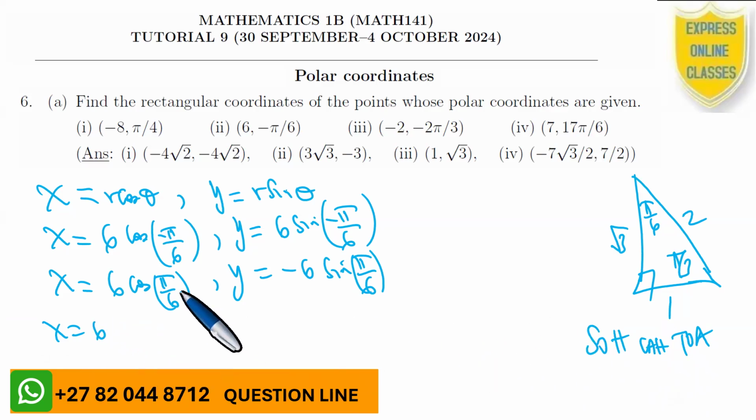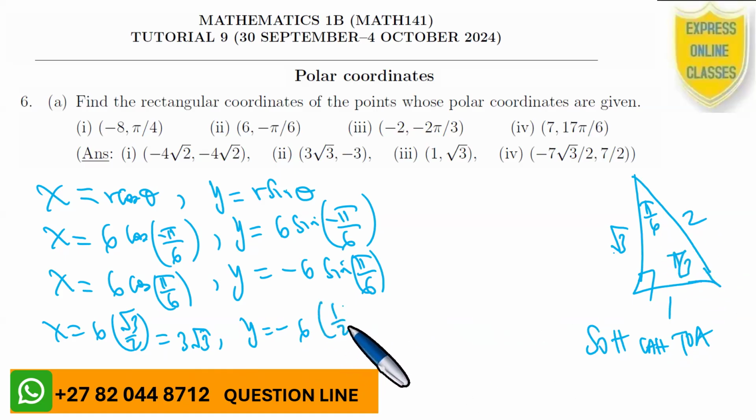If you look at the adjacent for pi over 6, it is square root of 3 over 2, giving us 3 the square root of 3. Then minus 6 the sine of pi over 6, opposite over hypotenuse, which is 1/2. Opposite for pi over 6 is 1, the hypotenuse is 2, and half of minus 6 is minus 3.